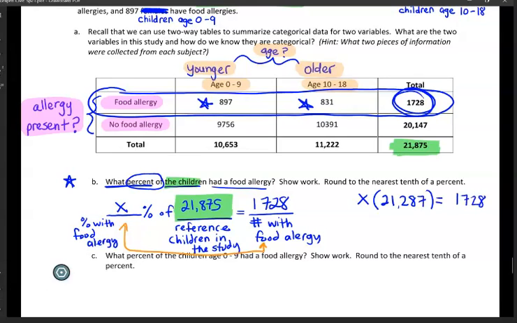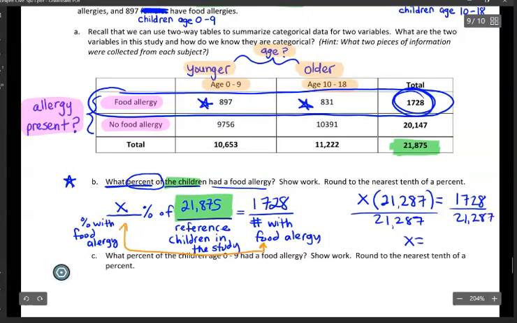I'm going to divide both sides by 21,875. Let's see what my calculator gives me for that. Typing this into my calculator right now. Okay, and I got 0.08117, etc. So that's going to be approximately 8%.